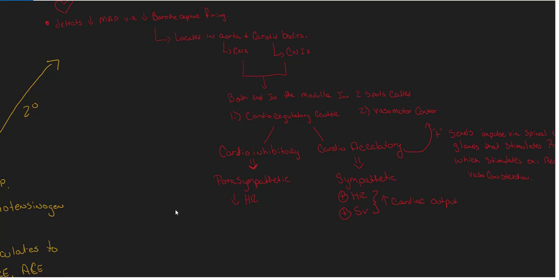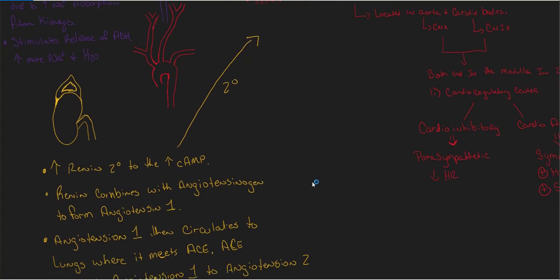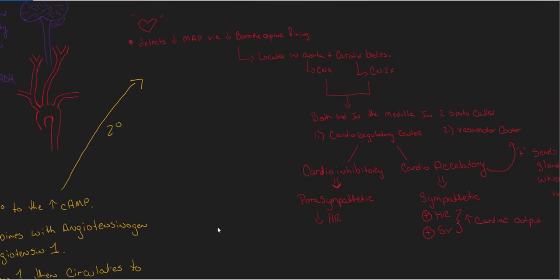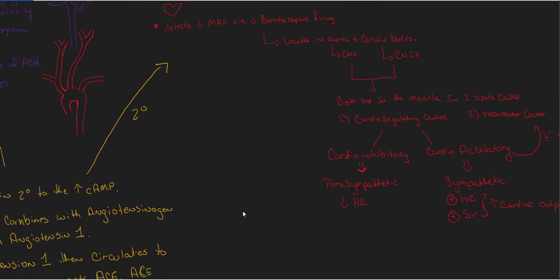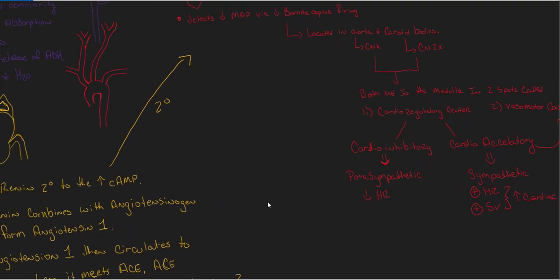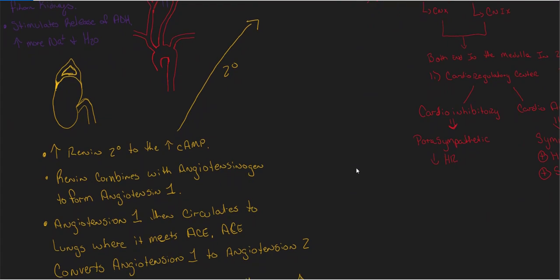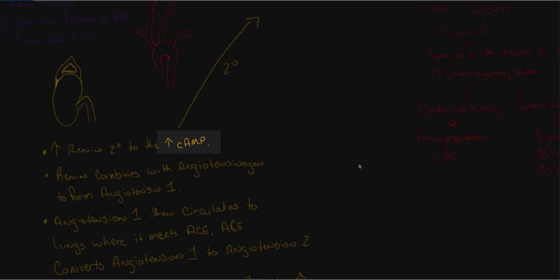So let's talk about the second section. We're going to talk about our kidneys, and again, mainly our adrenal glands. So once all this takes place up here with the heart and stimulates these receptor sites, and we have an increase in heart rate and an increase in vasoconstriction, it also increases our cAMP production.